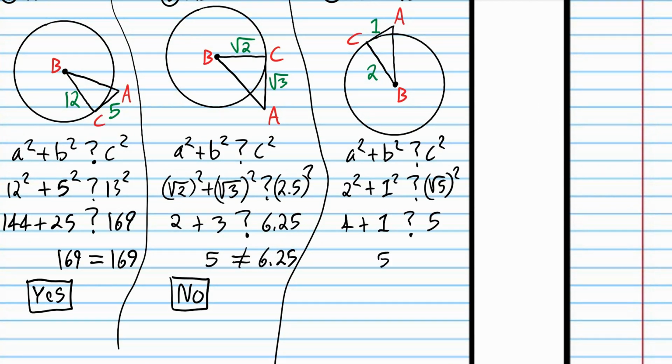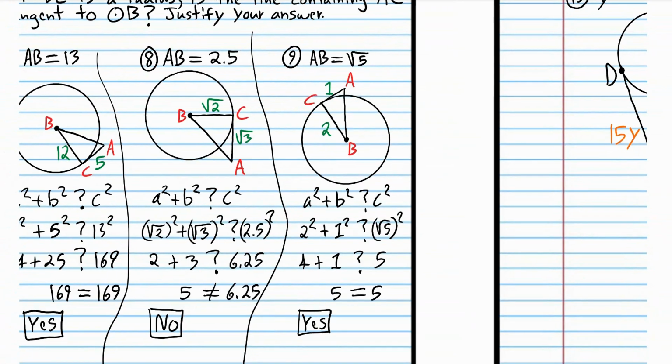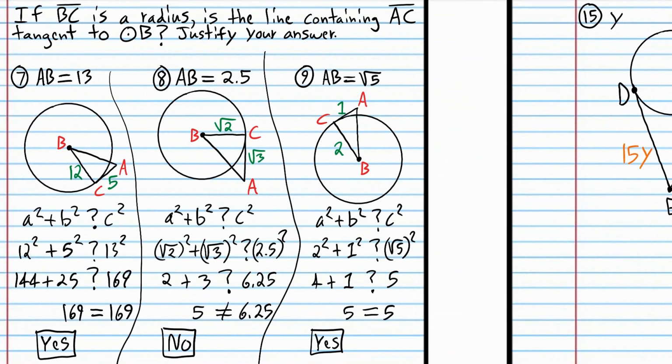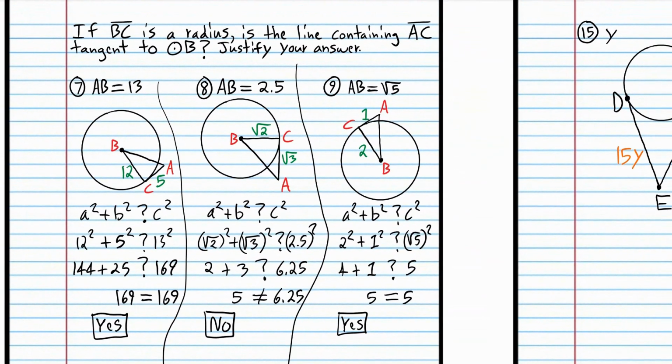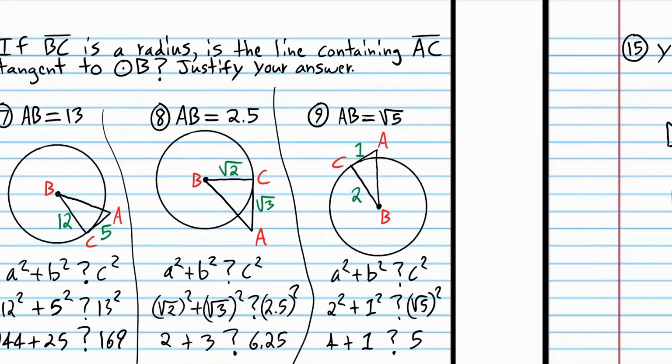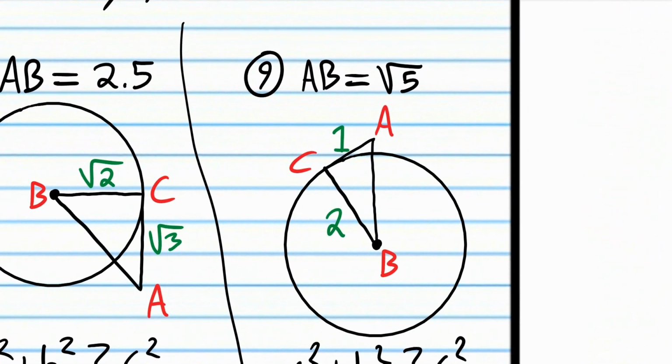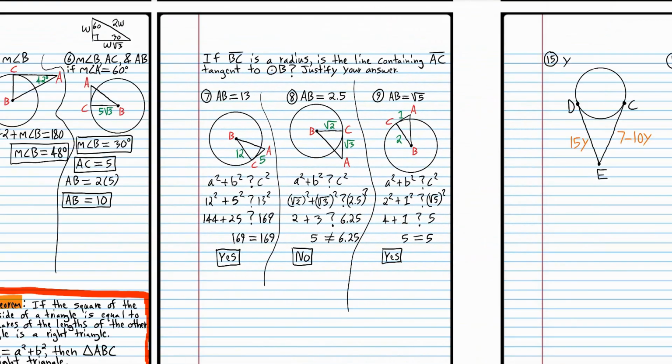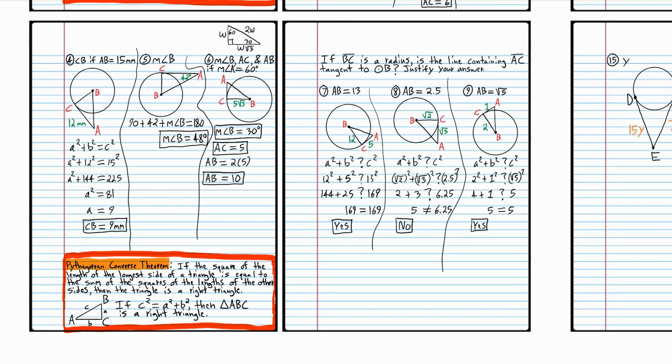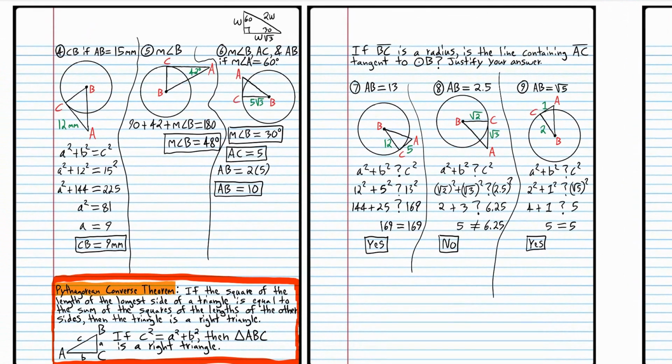And we get 5 is definitely equal to 5. So the answer is yes. The line containing CA is tangent to circle B. And in these problems, it's very important that CB and CA meet at the same point, but you can kind of see that just looking at these problems. So you might want to take a screenshot of all this work that we did.